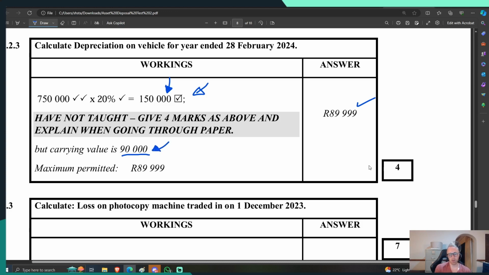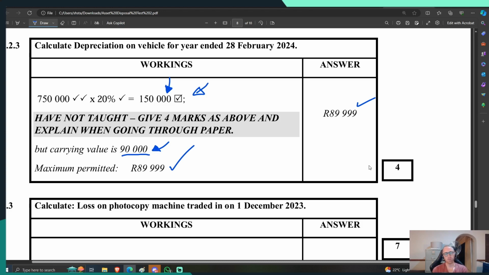And so we take that 90,000 and we minus 1 Rand, because we have to keep 1 Rand on the books for the vehicle or the equipment or whatever it is. And what is 90,000 minus 1 Rand? It is 89,999 Rand.